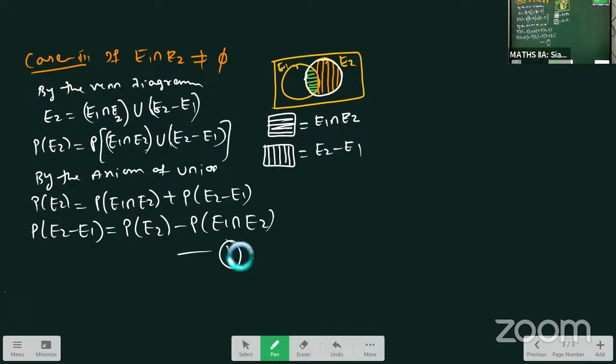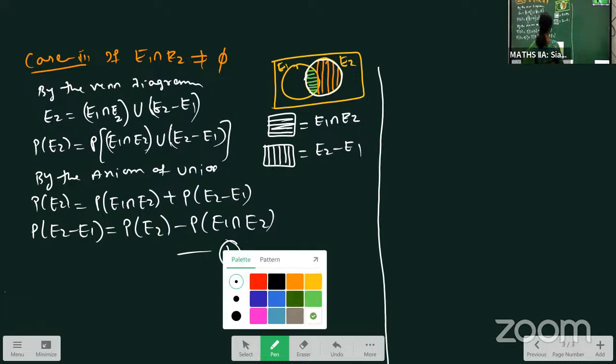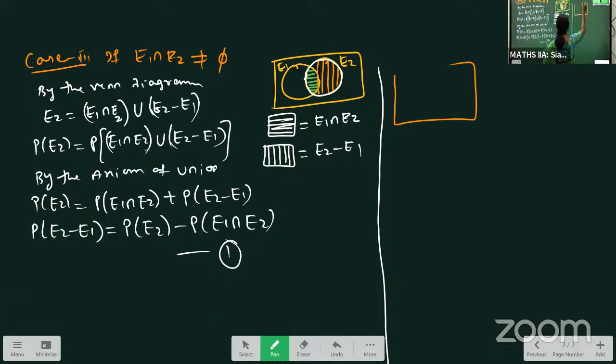For the remaining half, again what do you have to do? Again take the diagram. See, diagram number 3. Take this as E1, this as E2. As we discussed, vertical lines are E2 minus E1, right?